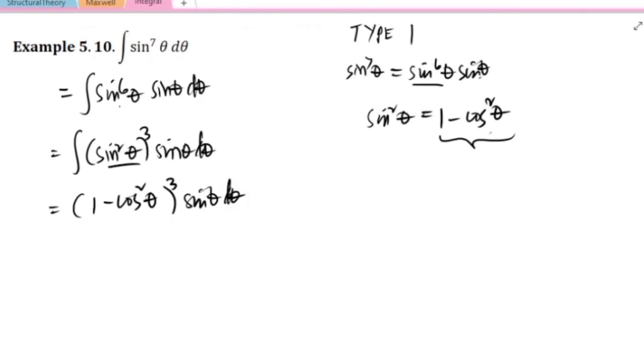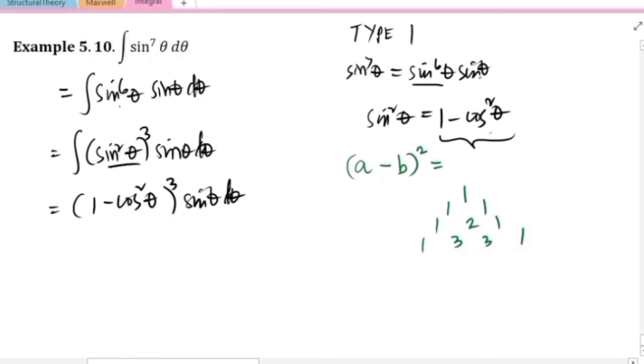So review ulit natin yung binomial expansion natin. If we have a minus b raised to 3, that would be equal to, so using the Pascal triangle, 1, 1, 1, 1, 2, 1, 1, 3, 3, 1.